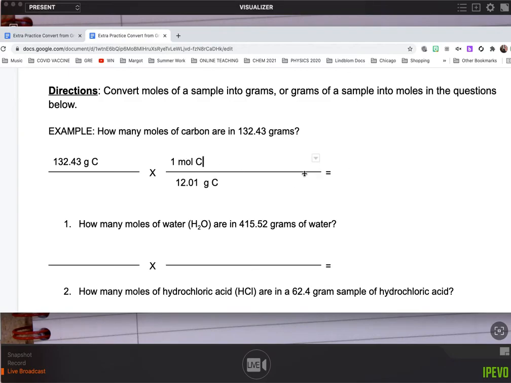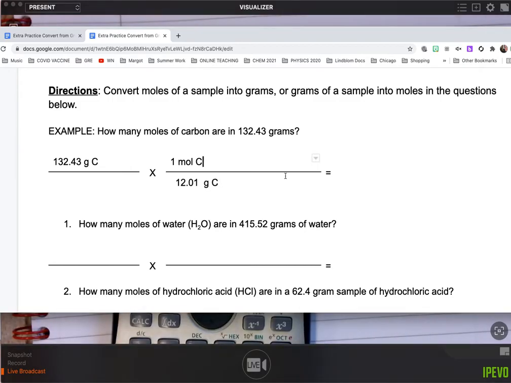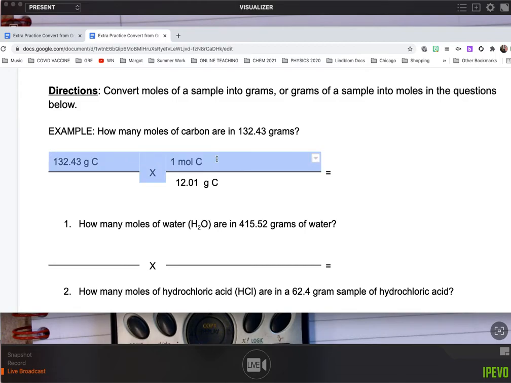Then to solve, we multiply 132.43 times 1, because we want to multiply across, and then we divide by the 12.01.